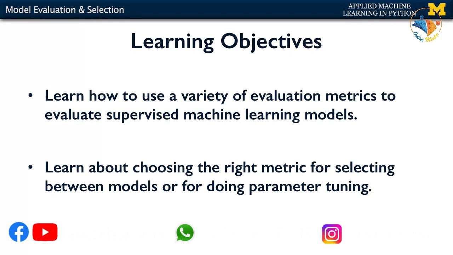We'll see how they're defined, what the motivation is for using them, and how to use them in scikit-learn to get a better picture of how well a supervised model is doing on a given data set. You'll also learn about how to choose the right evaluation metrics for your application that can help you select the best model or find the optimal parameters.